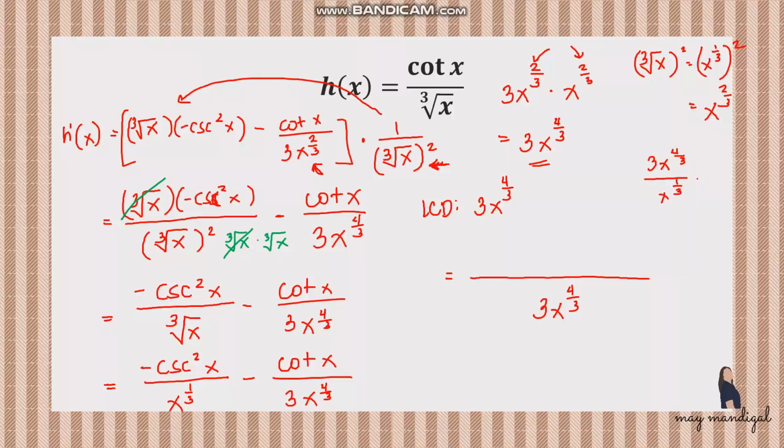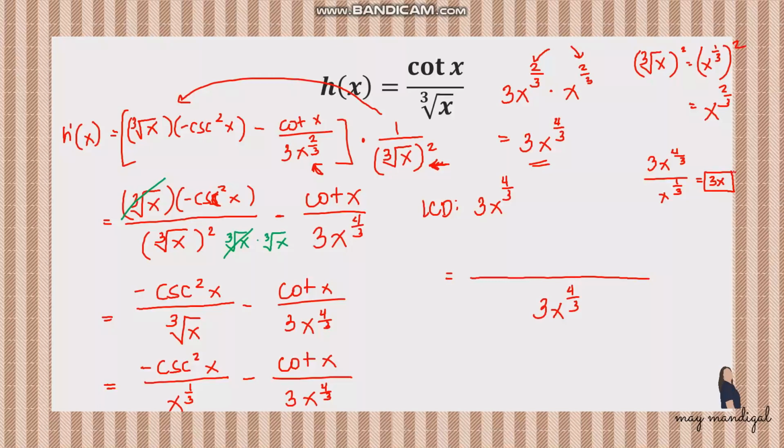We will be left with 3. And for the exponents, if we divide, what we do is we subtract. So 4/3 minus 1/3 gives us 3/3, or just 1. And we have the variable here, so that will be equal to x only.